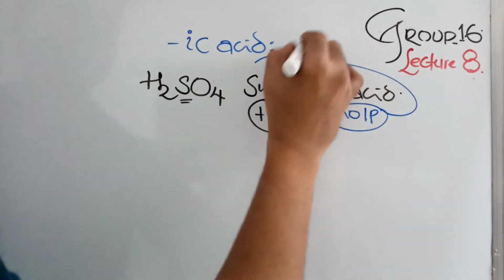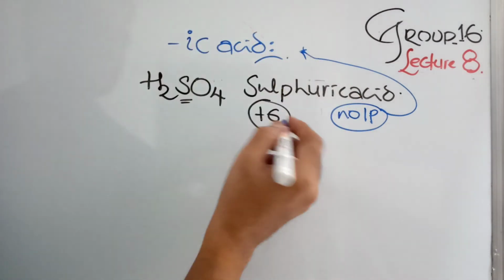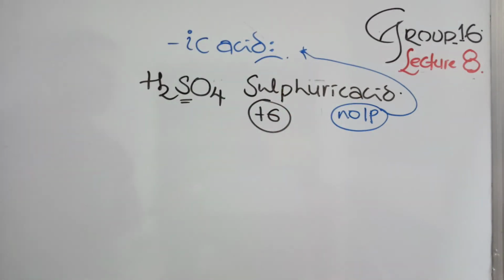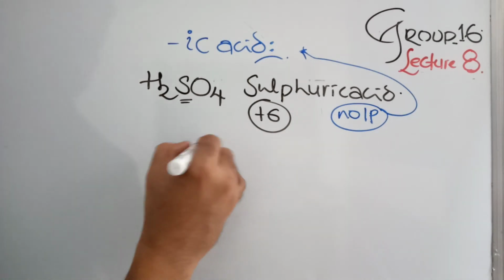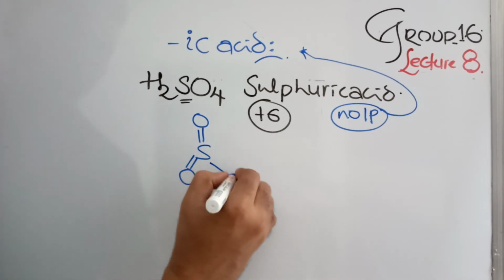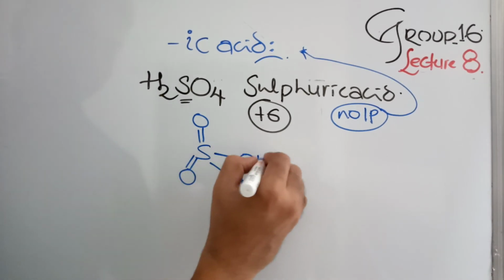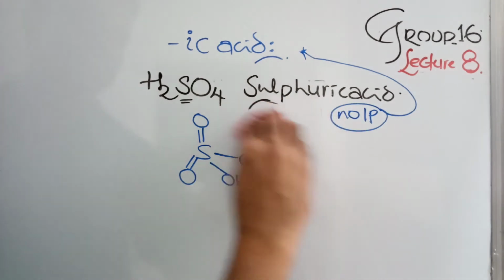Ic acids means there are no lone pairs, and oxidation state will be generally +6. We know sulfuric acid, oil of vitriol, king of chemicals, write as double bond O, OH and OH. We know this structure very well.